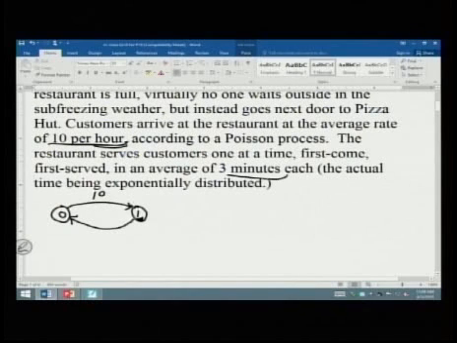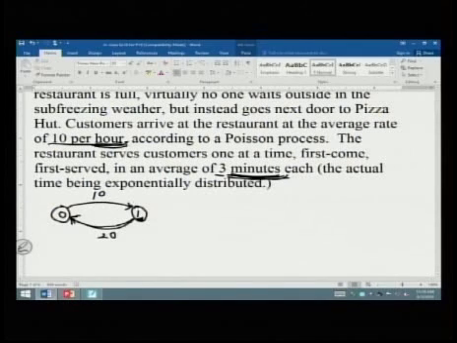We need to use the same unit, right? Either you're going to stick to minute or hour. Okay? So I would convert minute to hour first. What is 3 minutes? That's going to be 1/20 hour, right? So here, service rate would be what? It's going to be 20. Okay? Does that make sense?